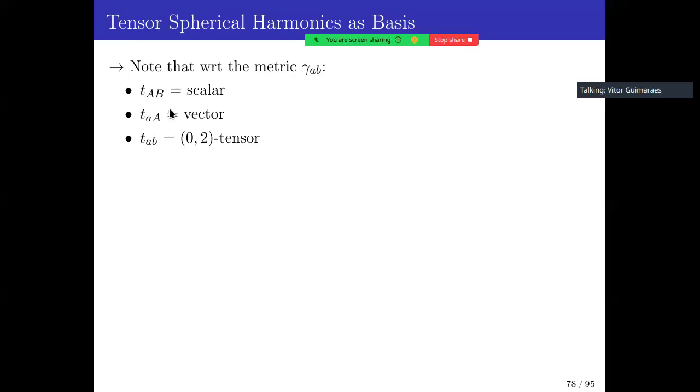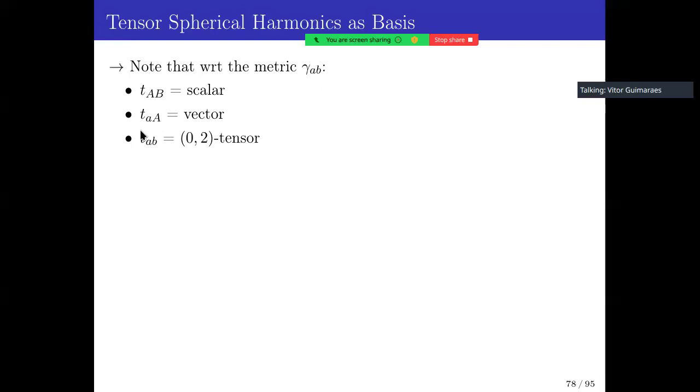This object here transforms as a vector in the two-sphere, because even though it has two indices as does this one, only some objects composing this tensor transform. Remember that the multiplication of components of a tensor gives us a component of another tensor, right?